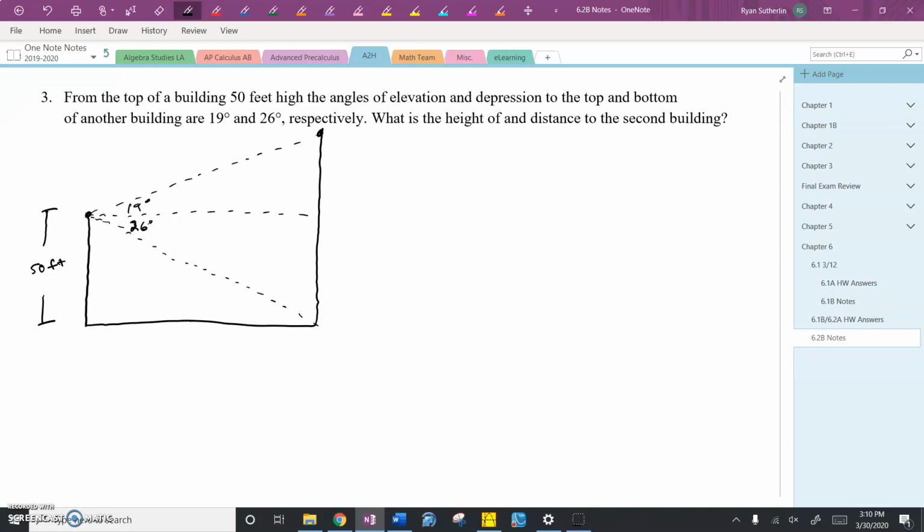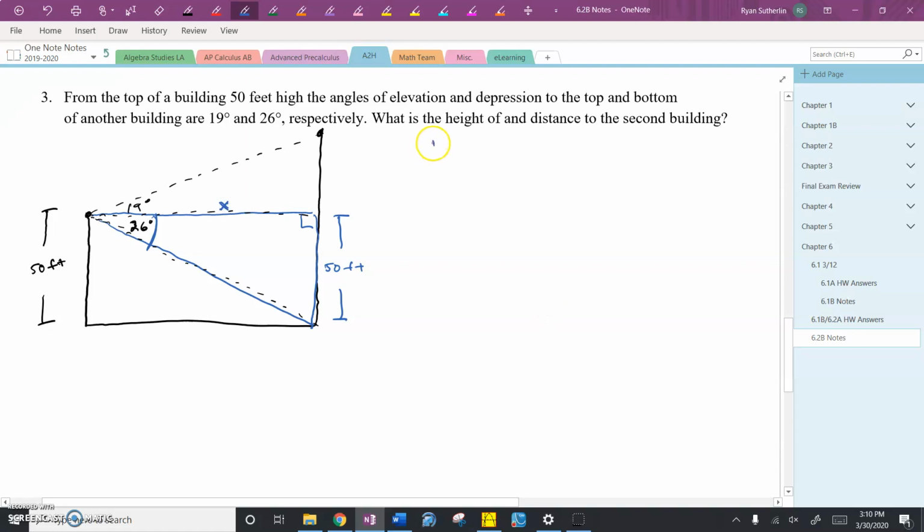Well, hopefully you can see here we have two triangles. So I'm going to start first with this triangle on the bottom that is in blue. For this triangle, we have the angle is 26 degrees. We know the distance has to be 50 feet from this point to the bottom. And we can then find the distance between the buildings, which I'm going to call x.